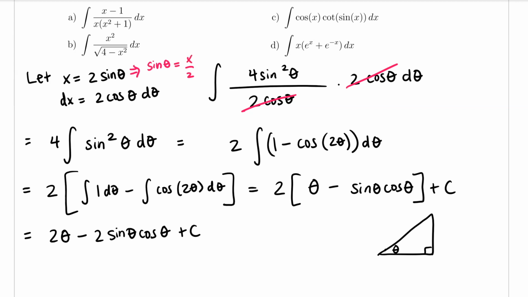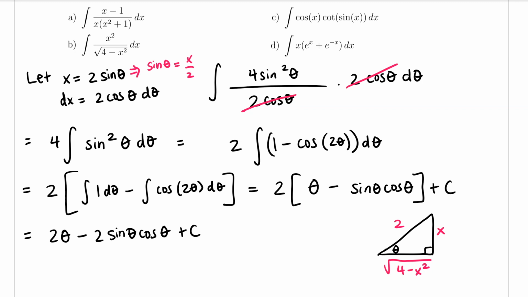And so I know that my opposite side length to theta would be x, and the hypotenuse length would be 2. And then that would make the remaining side length, the adjacent side length, be the square root of 4 minus x squared.